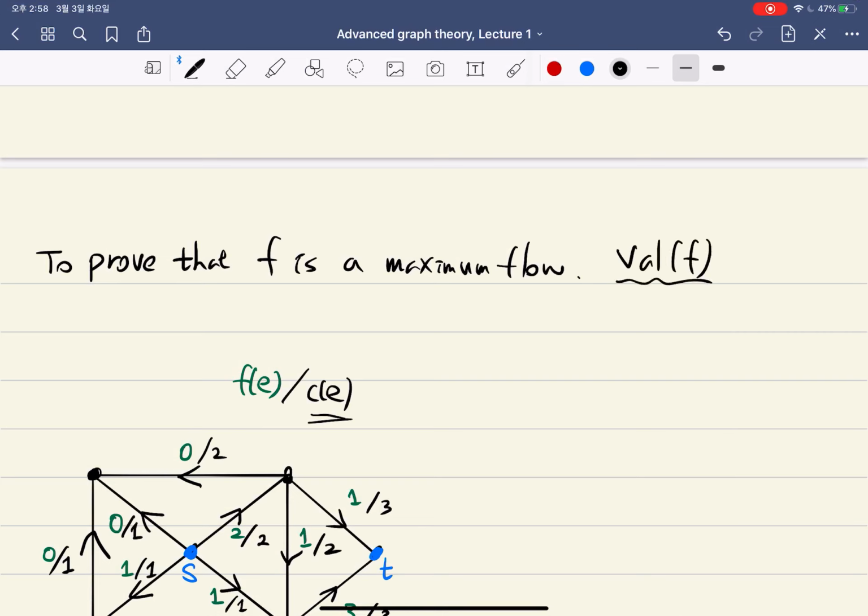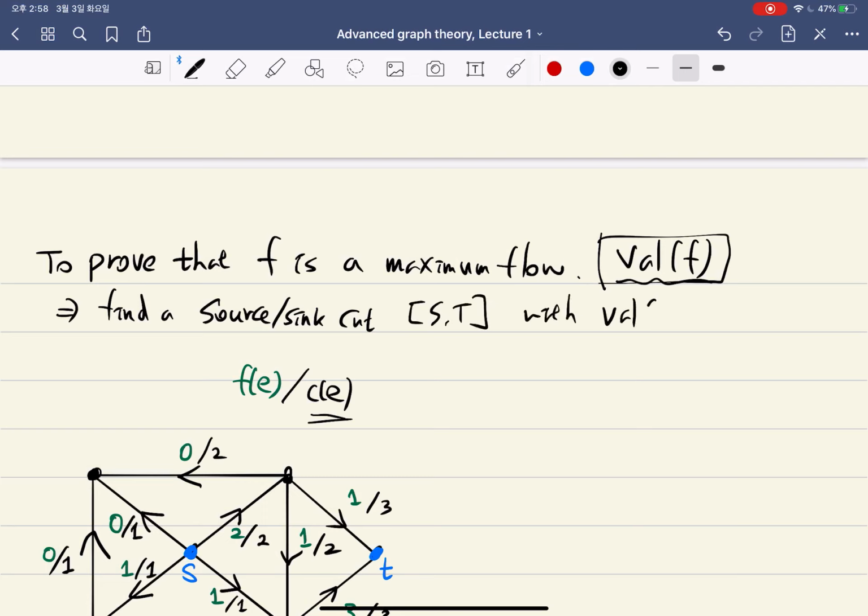Maximum possible means that any value larger than this is impossible. So we want to prove some upper bound on the possible value. The way is to find a source-sink cut with the value of f at most the capacity of (S, T).